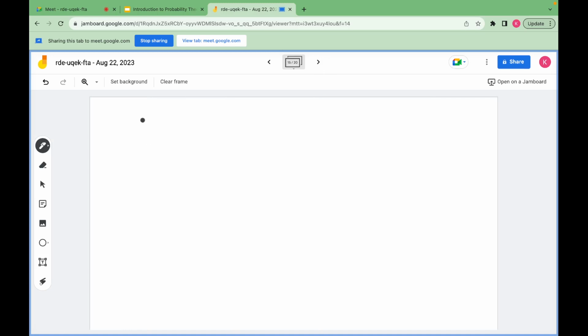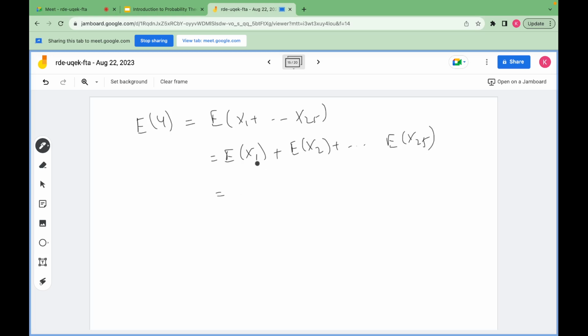Now we will find the expectation of y, which is nothing but the expectation of x1 to x25. As these are independent, this will be expectation of x1 plus expectation of x2, up to expectation of x25. We found that the expectation of each xi is 0.2, so this is 0.2 into 25, which is 5.